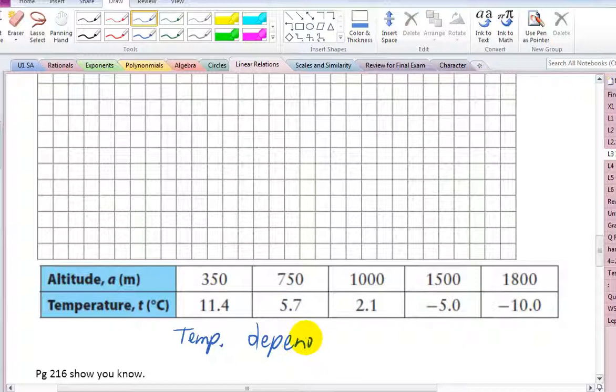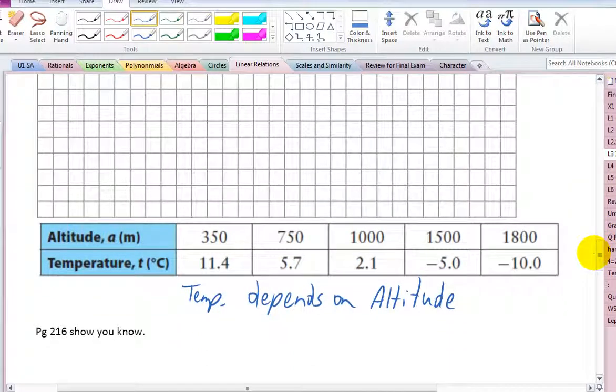Yes, that's right. Sorry. Temperature depends on altitude. I never like this one because it's not as clear cut. So this is our Y variable and this is our X variable.